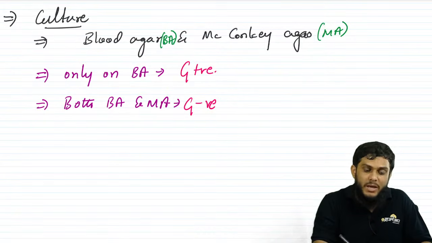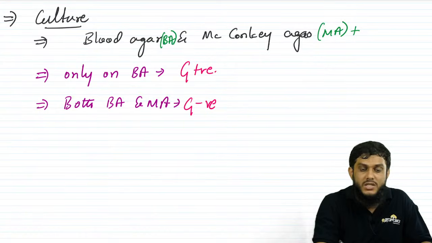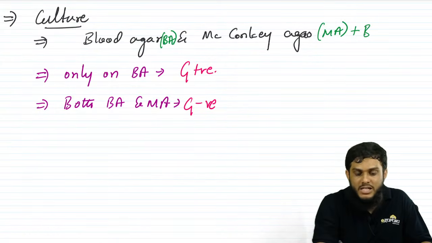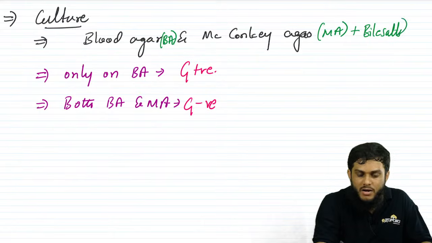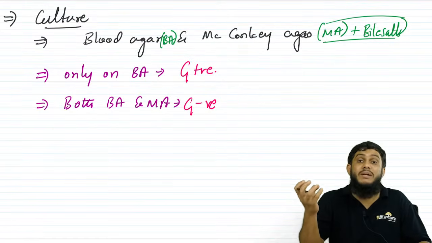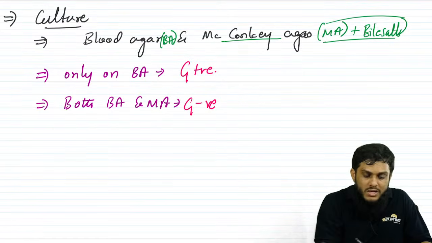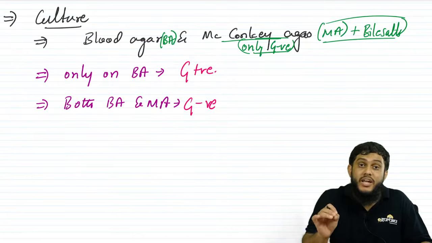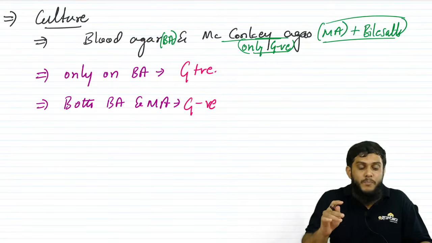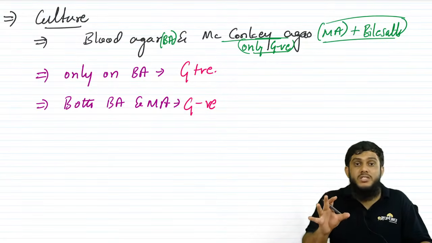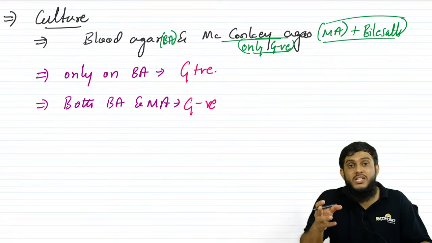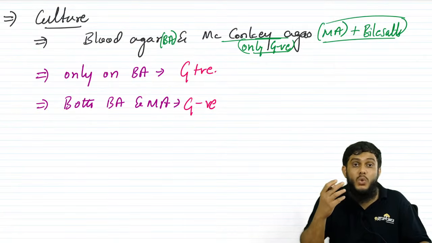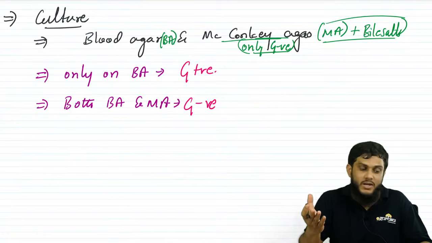We always use MacConkey agar containing bile salts, and bile salts inhibit gram positive. Therefore, only gram negative grows on MacConkey agar.